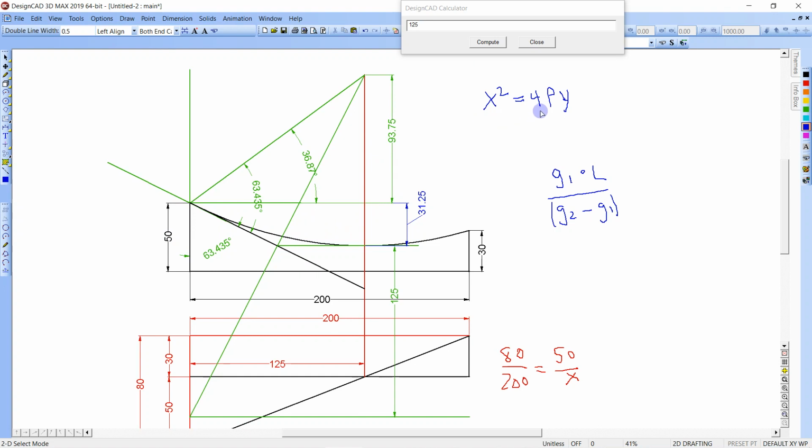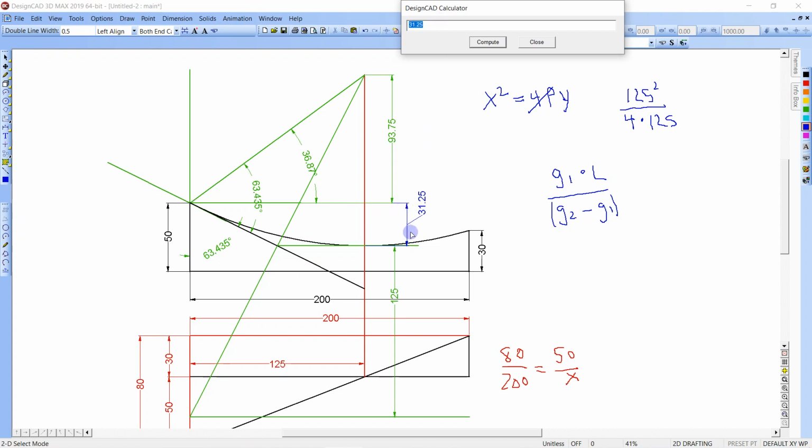So x squared is 125 squared. Then to get y, we just divide that by 4 times p, which coincidentally is the same thing, 125, just a coincidence. So we go 125 squared divided by, open parenthesis, 4 times 125, close, enter, and we should end up with 31.25.